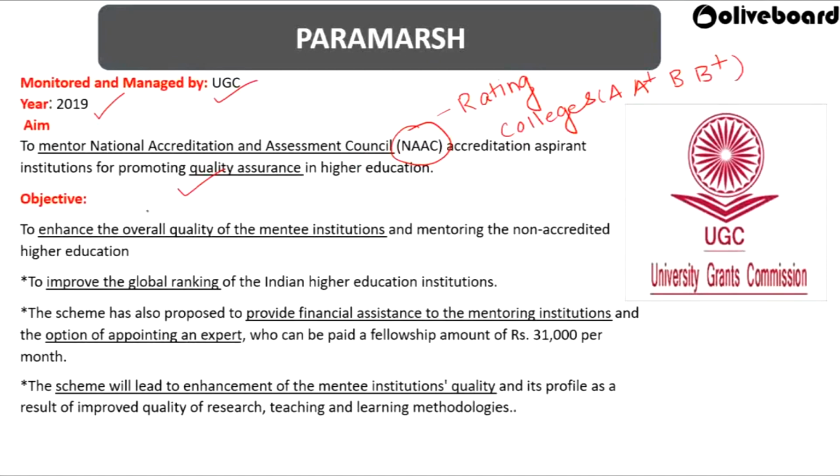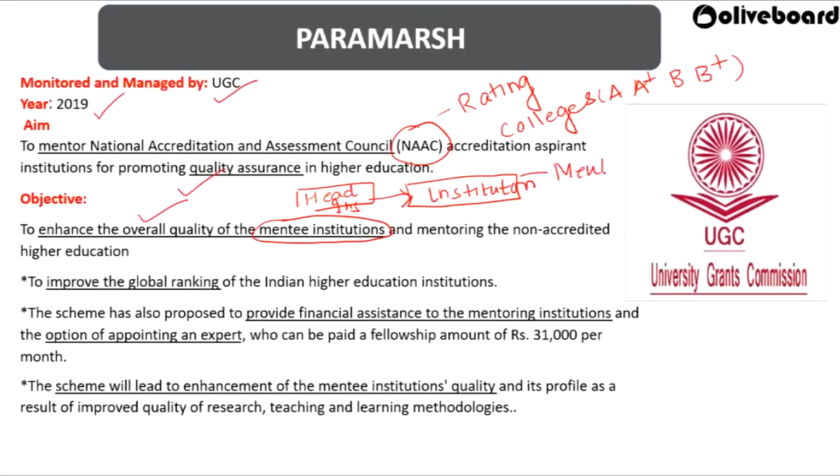The main objective is to enhance the overall quality of the mentee institution. Mentee means one institution will be the head institution, and there will be an institution which will need advice and help from this head institution. So this institution will be called the mentee and the head institution will be called the mentor.